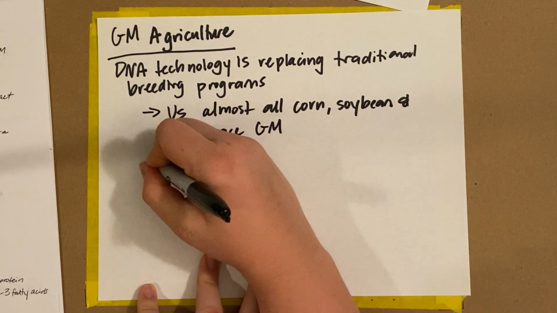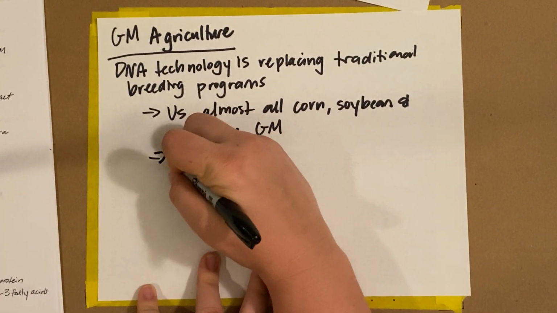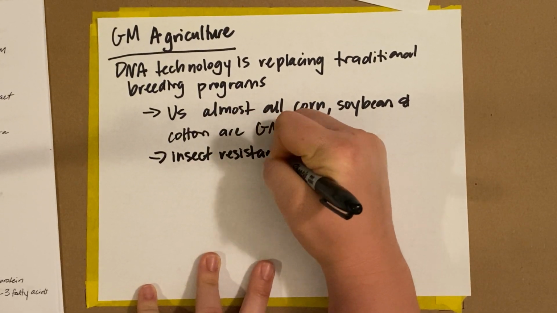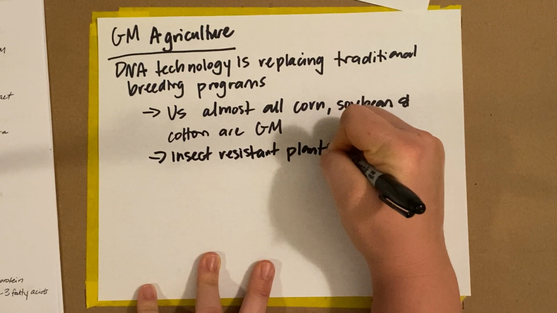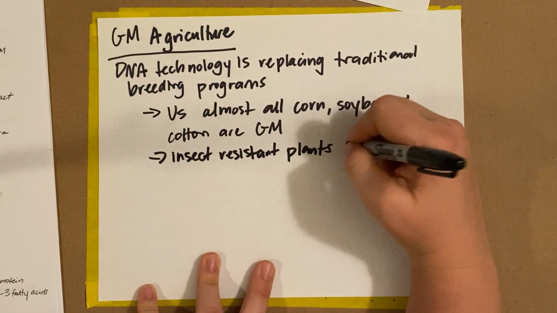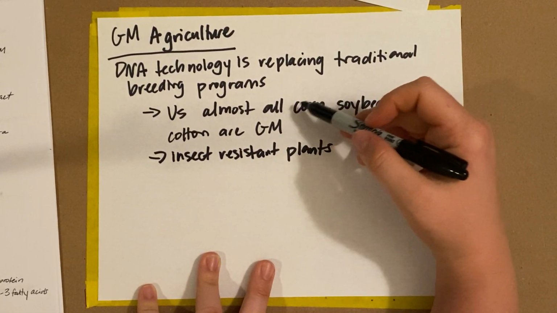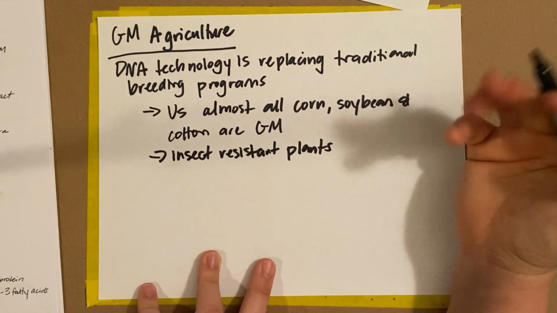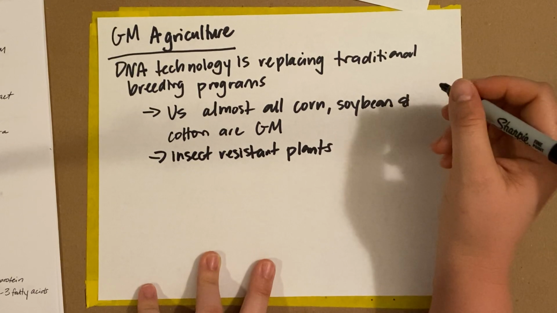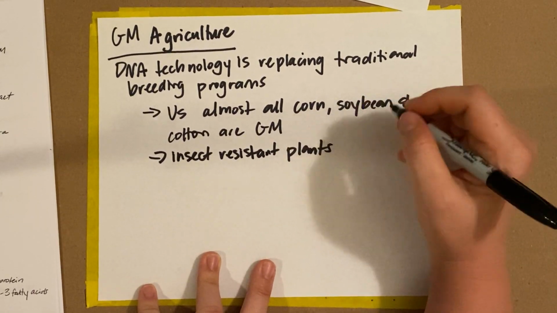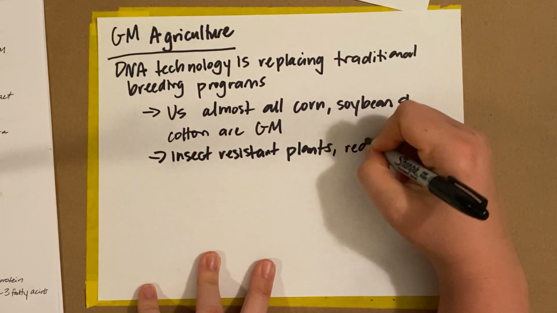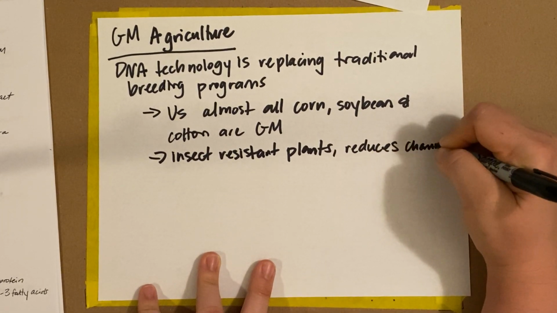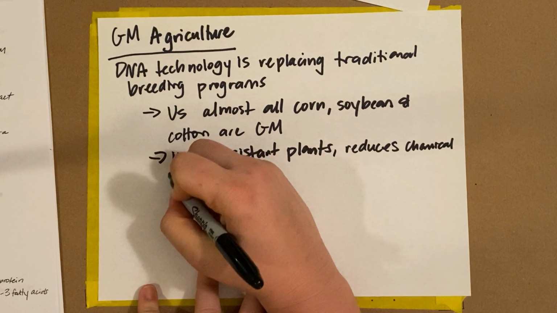Okay, many times they're going to have insect resistant plants. So basically the plants make the chemicals needed for insecticides, which reduces additional chemical insecticides.